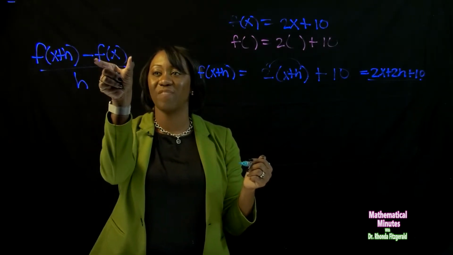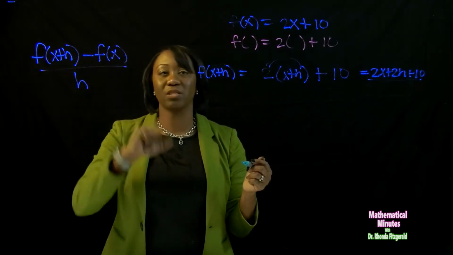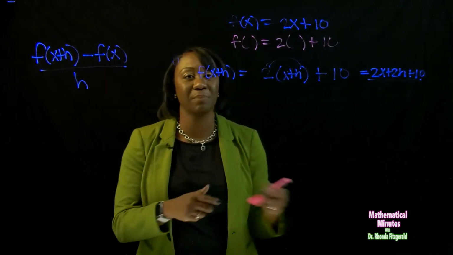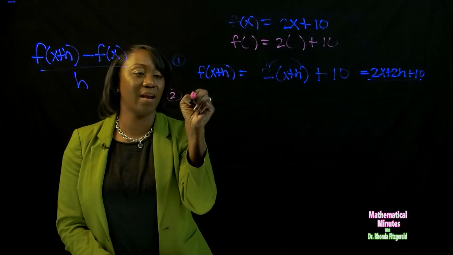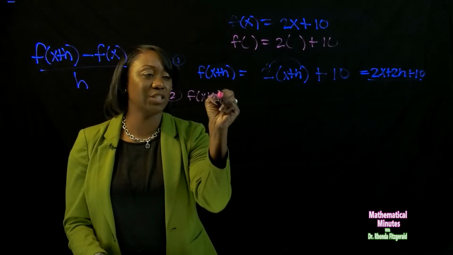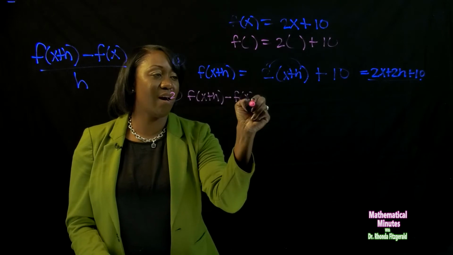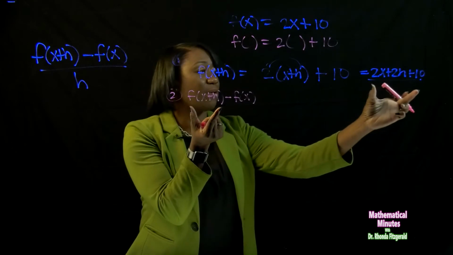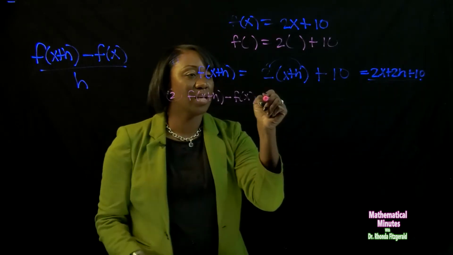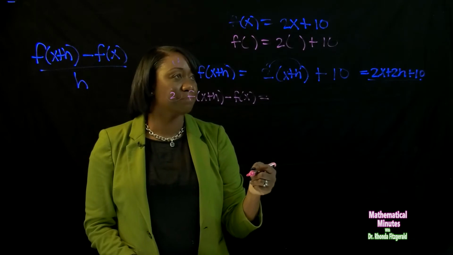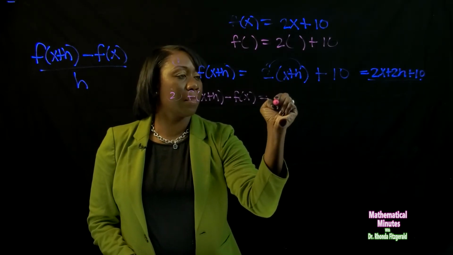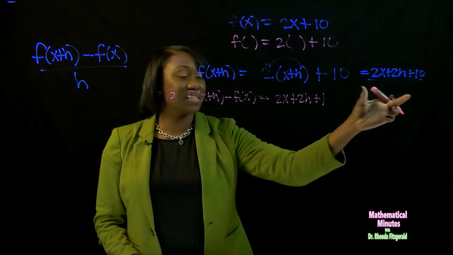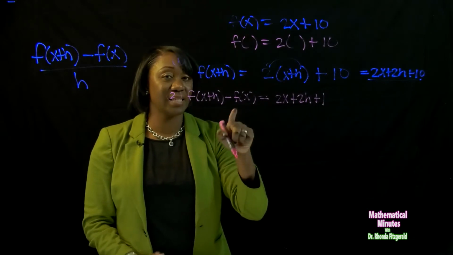Next, I want to go ahead and find the whole numerator. So my first step was I found f of x plus h. My next step, I'm breaking this in pieces. I'm just now going to find f of x plus h minus the quantity f of x. So how am I going to do that? Well, remember, we just found f of x plus h. So all I'm going to do is rewrite what I found. So this is simply going to be 2x plus 2h plus 10, because that's my f of x plus h, minus f of x.